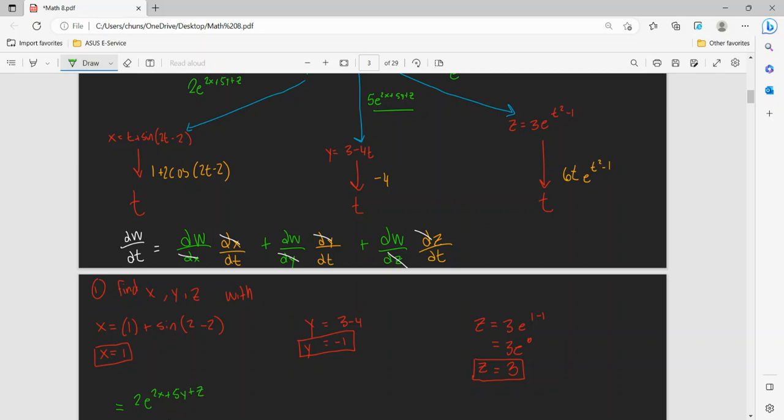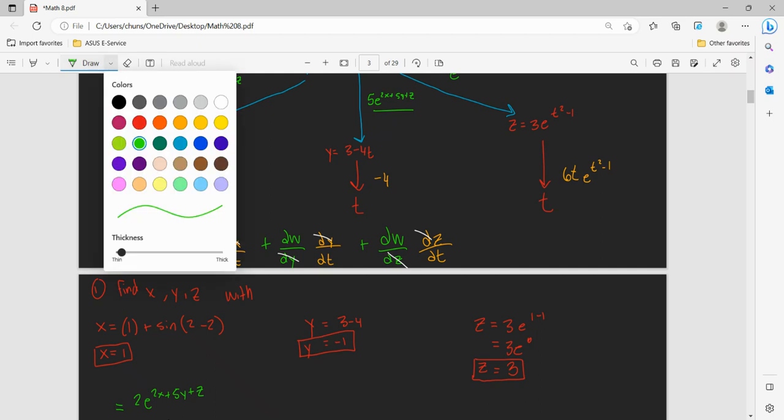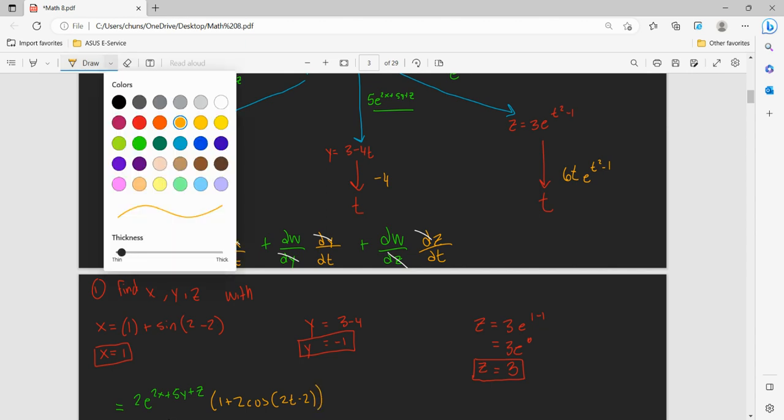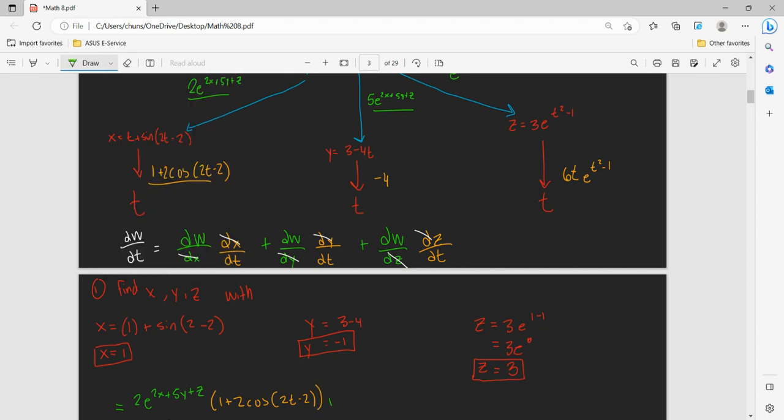So this is our first term here. And we're going to multiply it with its derivative term, which is 1 plus 2 cos 2t minus 2. And that's our first term. And this is plus this term right here.